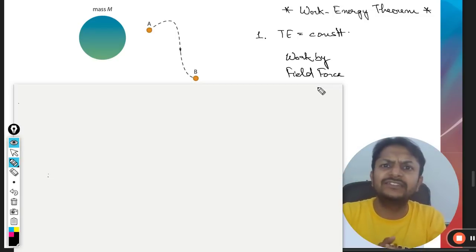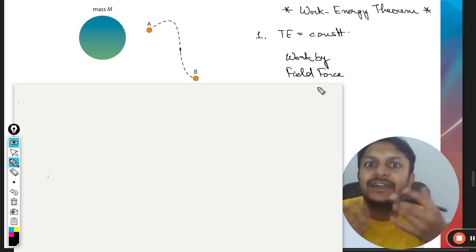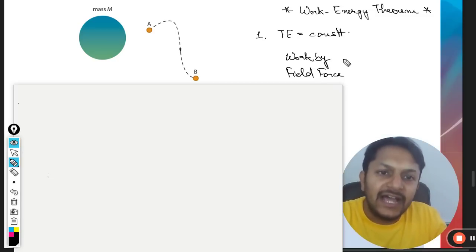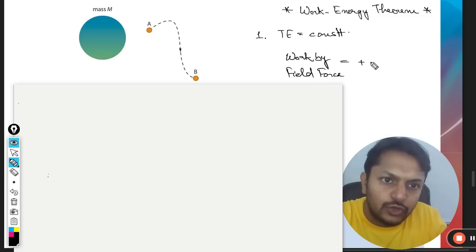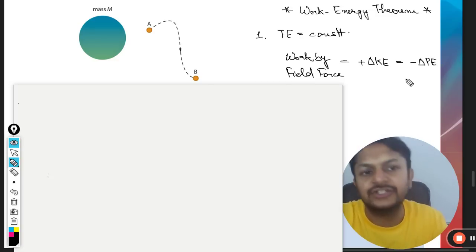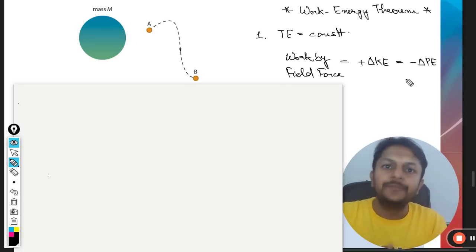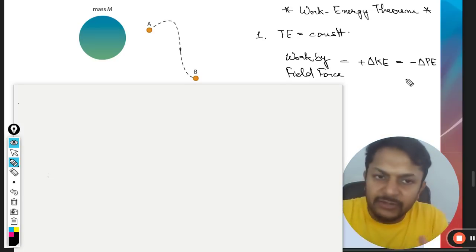So I am only considering systematic forces, not external forces. If there is work done by the gravitational force here, it is found to be equal to the positive change in kinetic energy and the negative change in potential energy. I gave you this formula in topic A, so I'm bringing it back here.